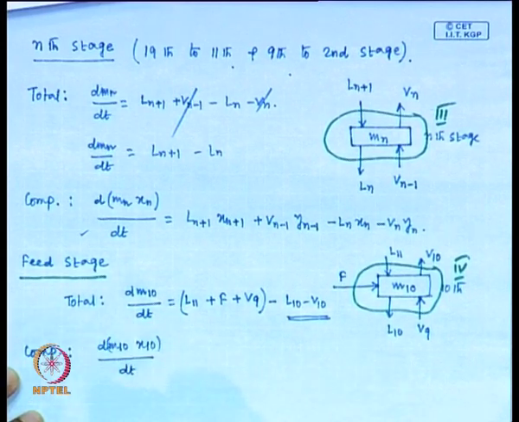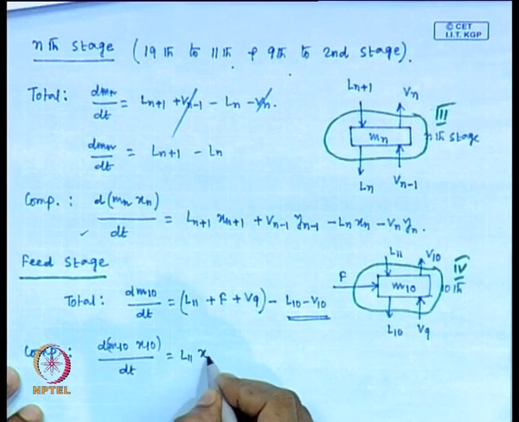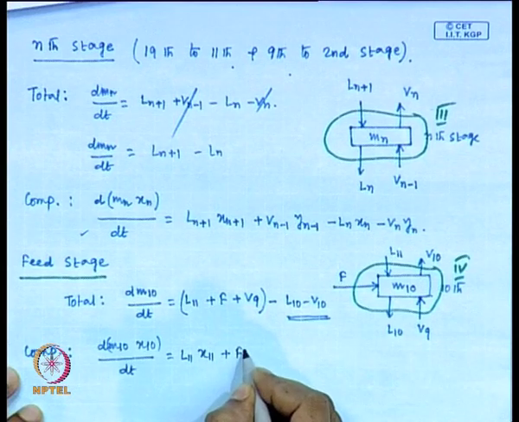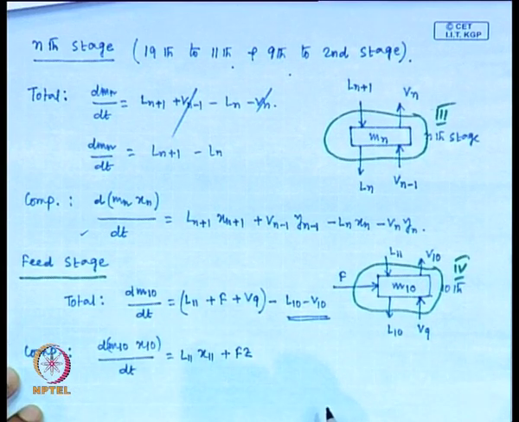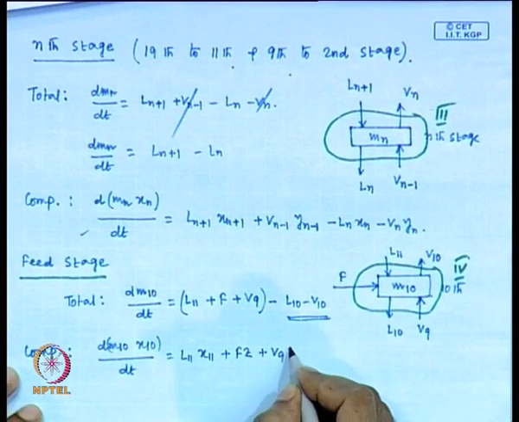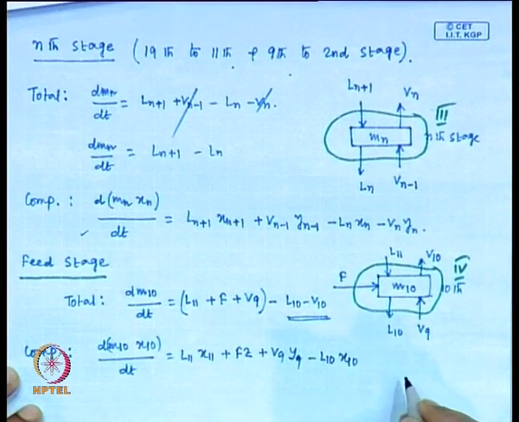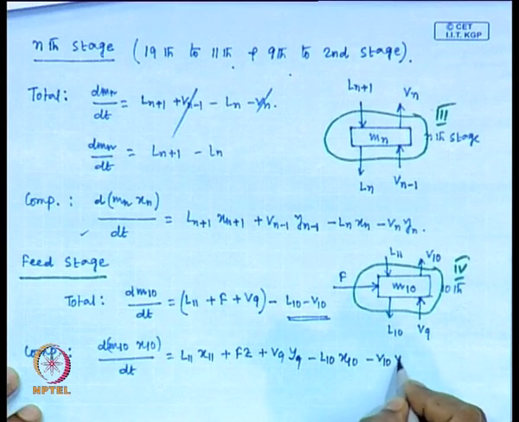So, d(m10 x10)/dt equals L11 x11 plus F Z, where the feed composition is Z, plus V9 y9 minus L10 x10 minus V10 y10.